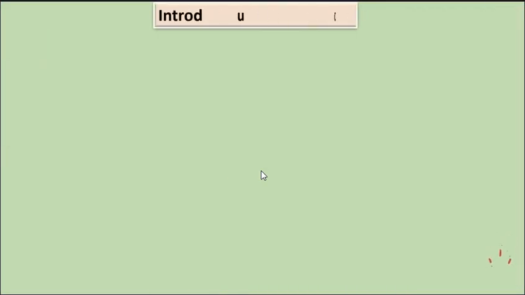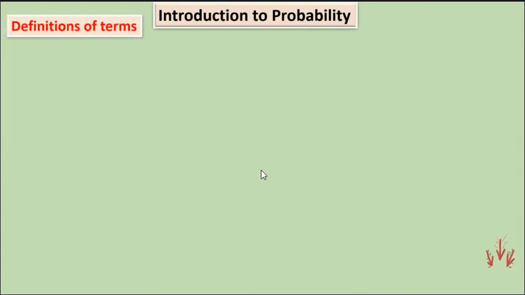Number 1, introduction to probability. Under this introduction, we'll be looking at number 1, definition of terms. The first term we want to look at is sample space. But before then, what is probability? Like I said, this session will provide a fundamental understanding of probability, exploring its basic concepts and application.